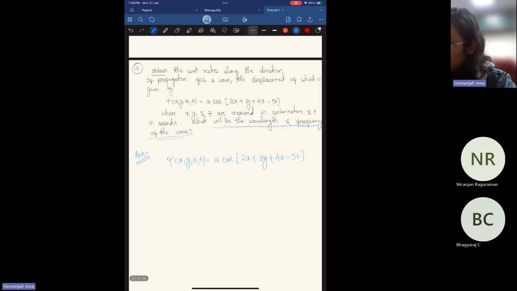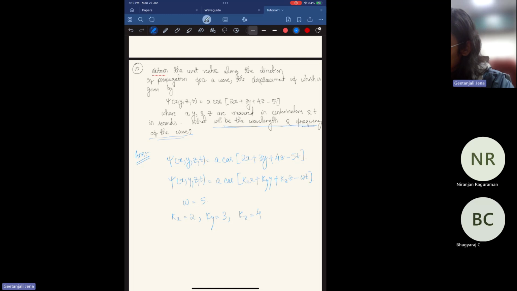So similarly, if you compare it with A cos(kx x + ky y + kz z - omega t), that means omega here is 5, and kx is 2, ky is 3 and kz is 4.